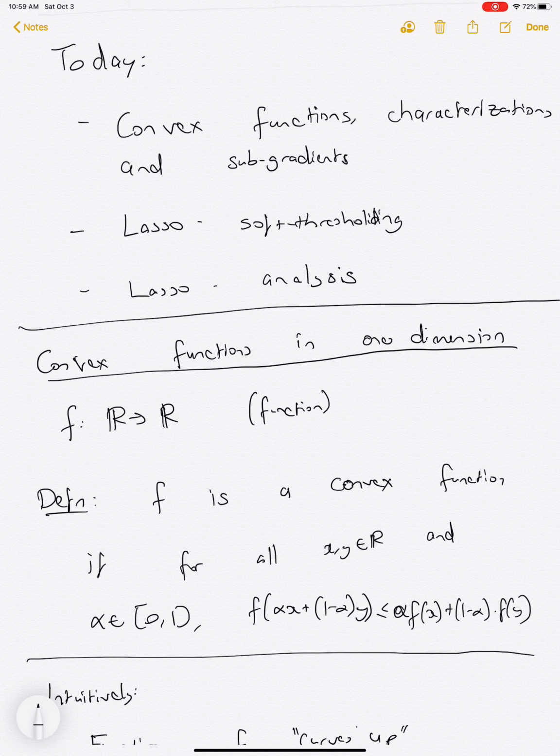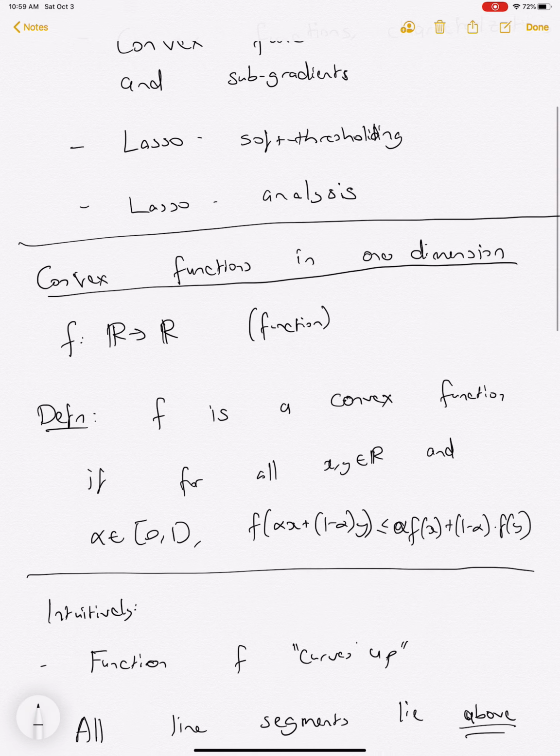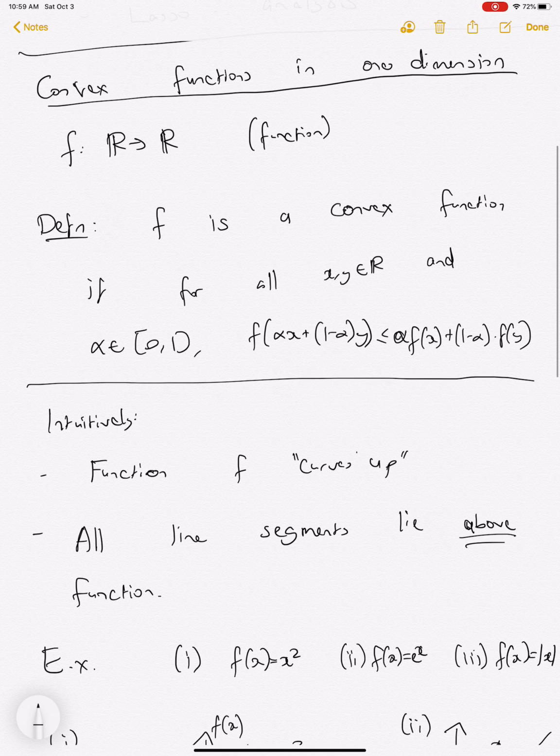I haven't actually properly defined a convex function. So just to be clear, the underlying definition of a convex function is as follows.